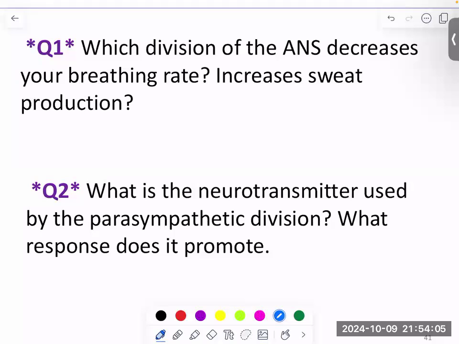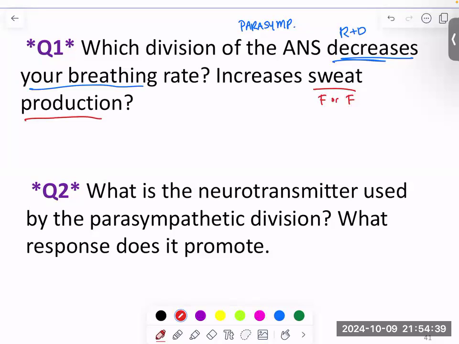When are you going to decrease your breathing rate, in a fight or flight or a rest and digest response? Which division is responsible for rest and digest? The parasympathetic division. When you sweat, are you in a fight or flight or rest and digest response? Fight or flight. You need those muscles. You need that sweat to support your muscle activity when you're running away or fighting.